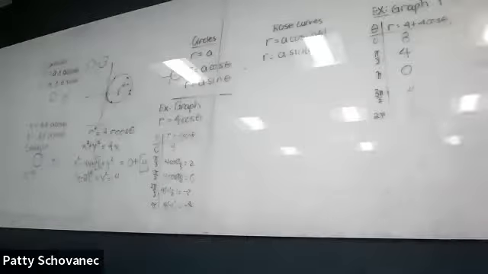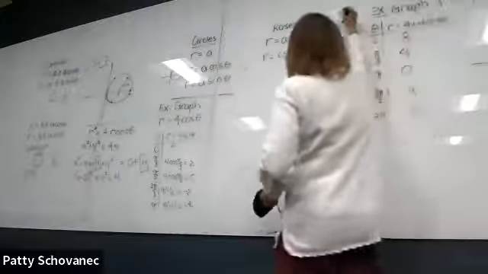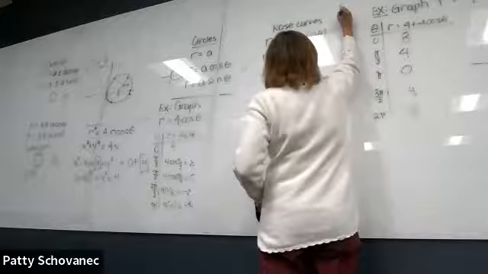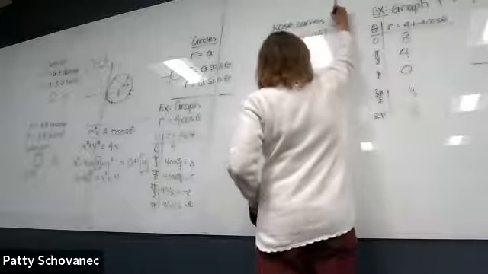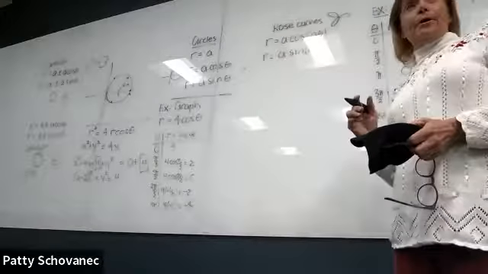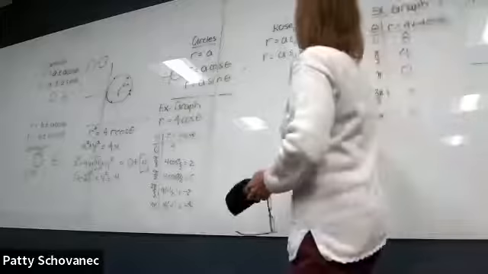It's pretty easy to remember that if that multiplier is an odd number, then your rose is going to have that many petals. If it's an even number, you're going to have twice that many petals. Not r, n.